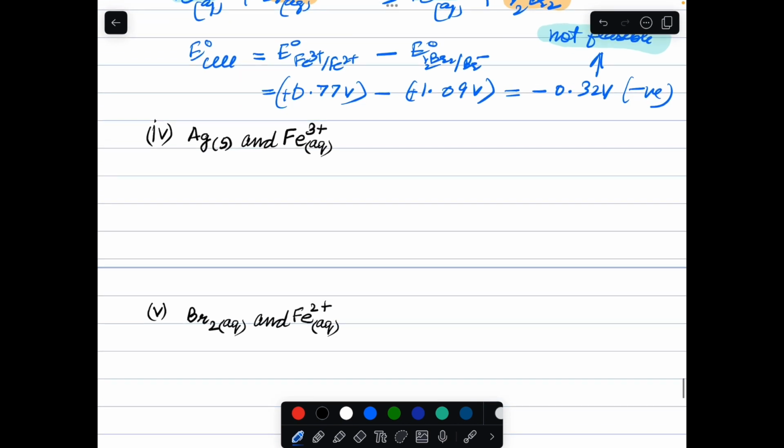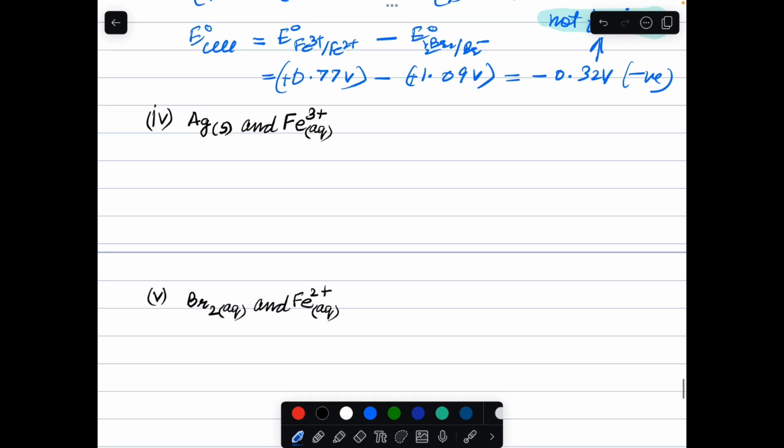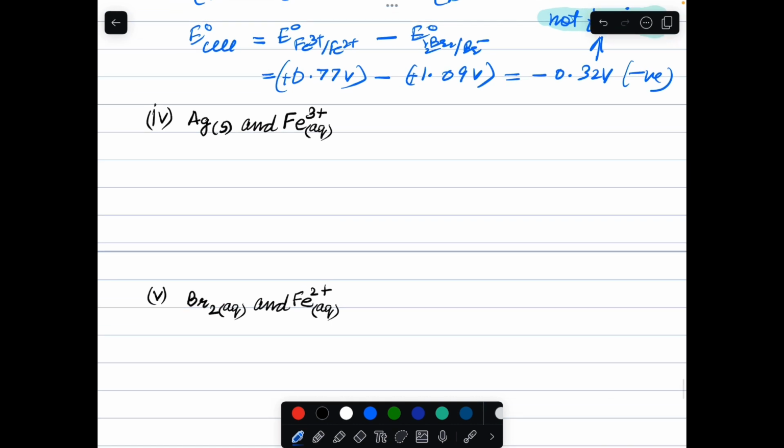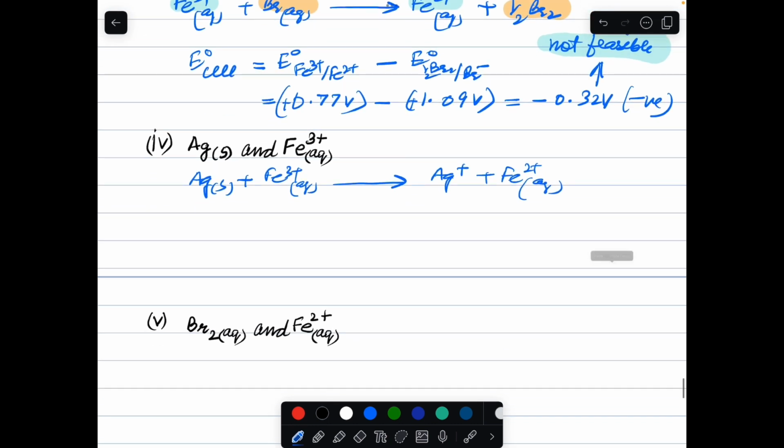Now for the fourth one, in the fourth case we are having silver, that is Ag solid, plus Fe3+, that is ferric ion in the solution. We will be getting silver ion and Fe2+, that is ferrous. Okay, now in this case again we will calculate the E naught cell.